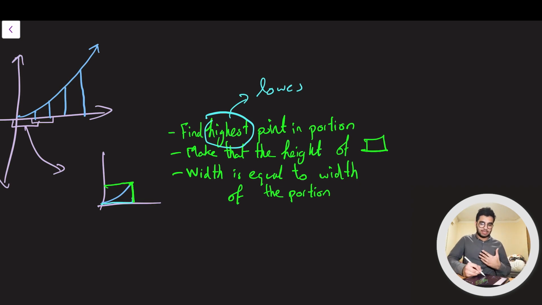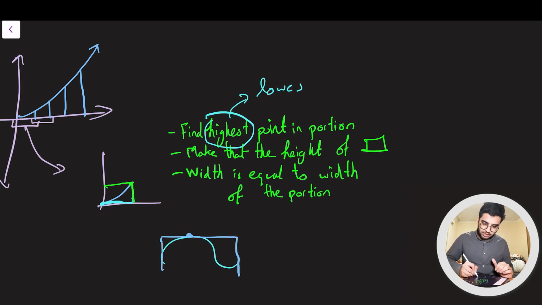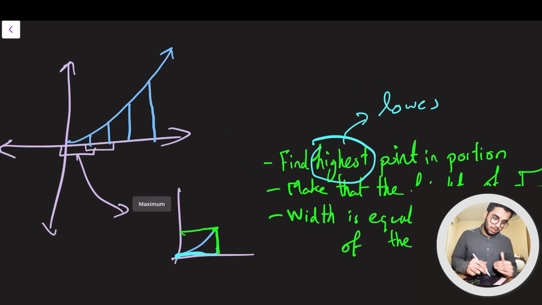In this case it would just lie along the x-axis, because that is the lowest point in that range, at 0. But if it was a function like this, and that's the portion you're working with, this would be your highest point, so this would be your big rectangle, and this is your lowest point, that would be your small rectangle.